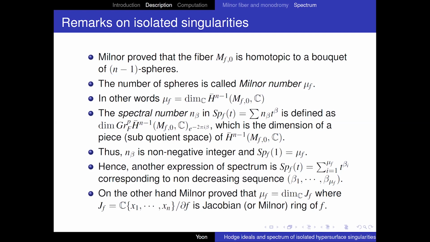On the other hand, we can calculate the Milnor number by the dimension of the Jacobian ring, which is the convergent power series modulo the Jacobi ideal, which is sometimes called the Milnor number.